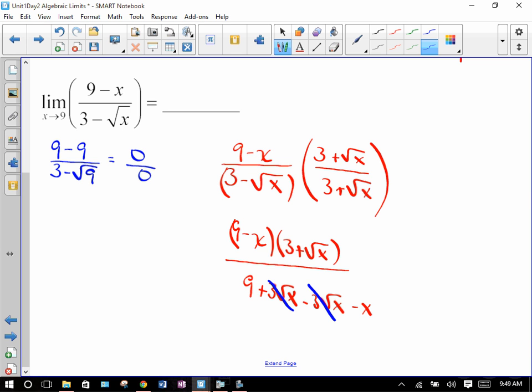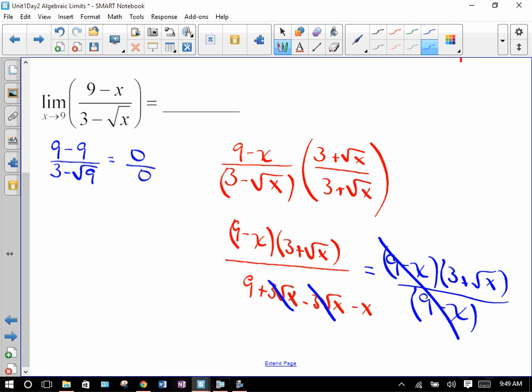That leaves me with 9 minus x times 3 plus square root of x on top, and 9 minus x on the bottom. The 9 minus x's cancel out. You're left with 3 plus the square root of x. When you plug in 9 there, you have 3 plus the square root of 9, which is 3. So you have 3 plus 3, which is 6.